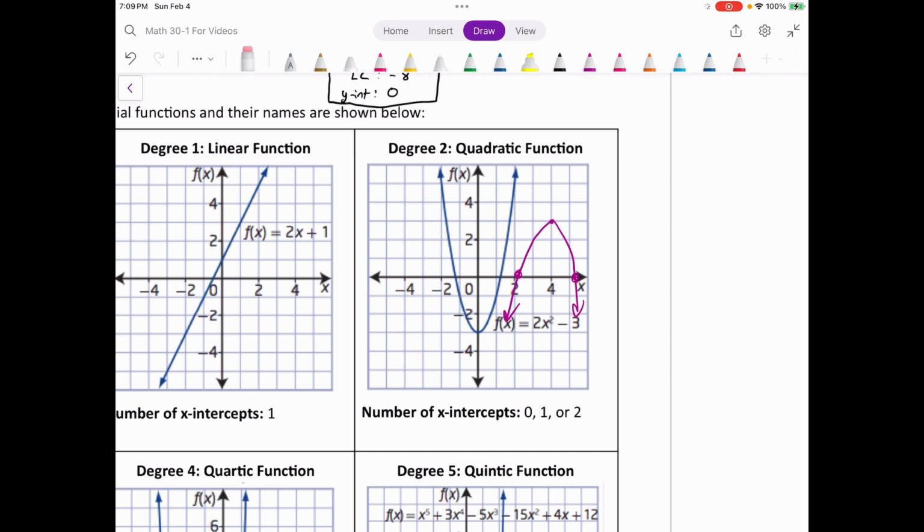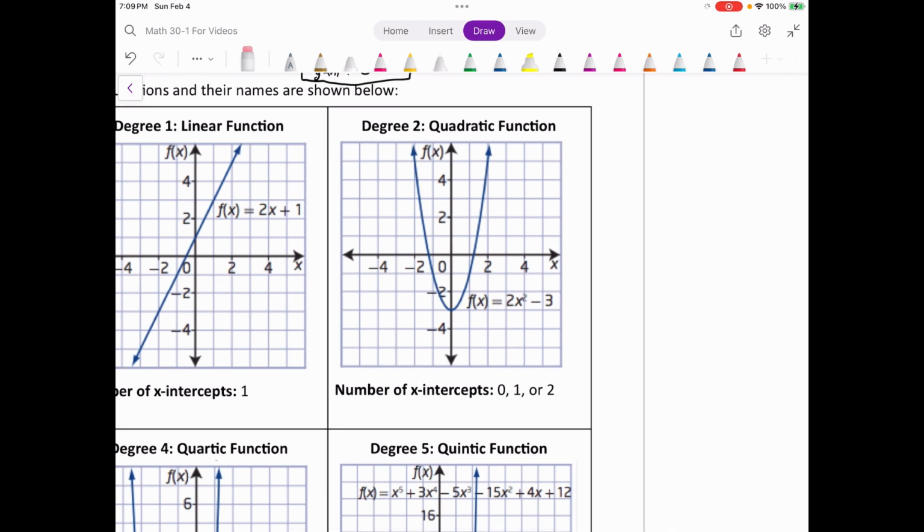Graphically, it makes sense that we could have 0, 1, or 2, and that the maximum number of x-intercepts would be 2. The graph of a quadratic is essentially going to change directions once, so all it can ever really do is cross, change directions, and then possibly cross again. But it's never going to change directions a third time. We know that's not the graph we get for a quadratic.